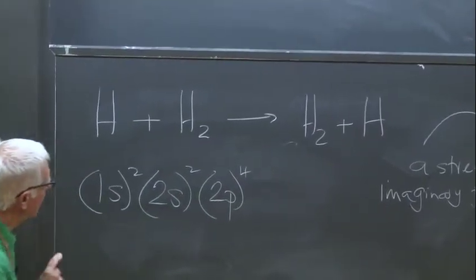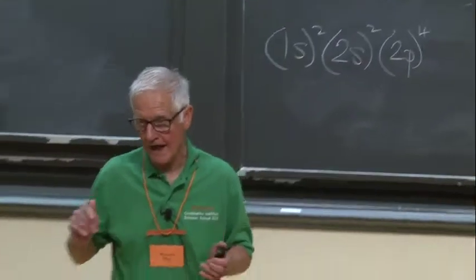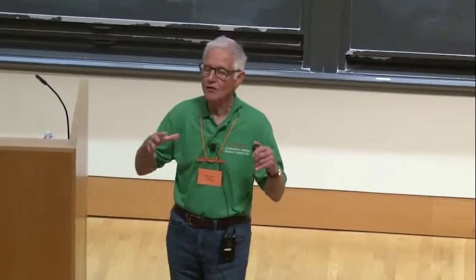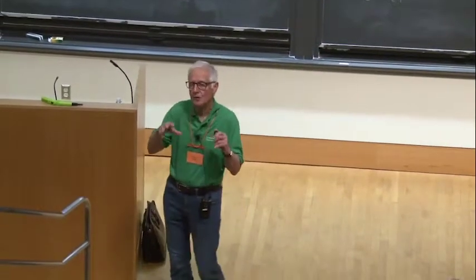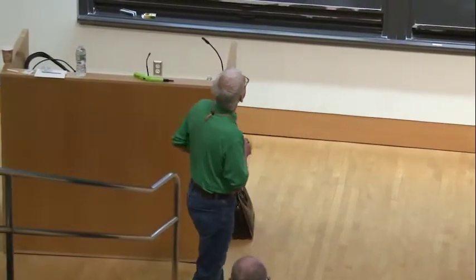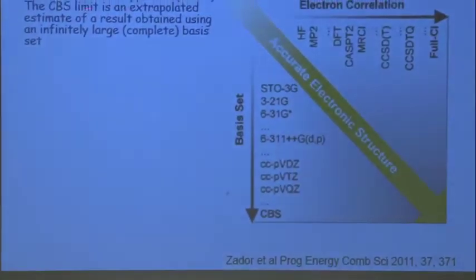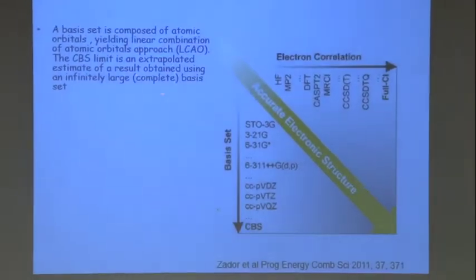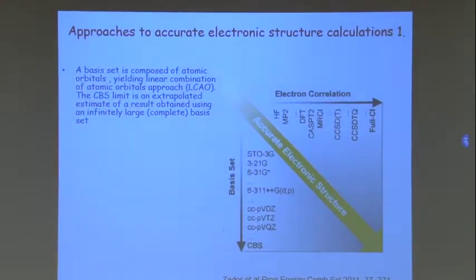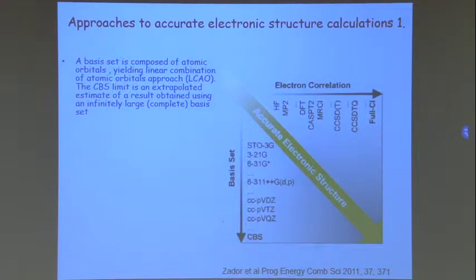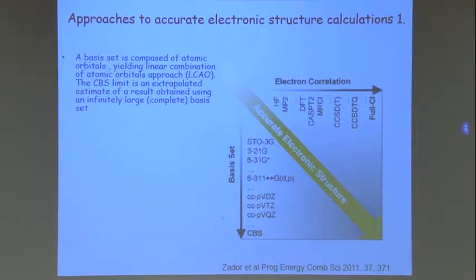And that's an electronic configuration for an atom. So we're doing this now for a molecule, but we're using these atomic orbitals in order to describe the molecular orbitals. It's called a linear combination of atomic orbitals approach. And what's called the CBS limit, the complete basis set limit, is an extrapolated estimate of a result obtained using an infinitely large and complete basis set.